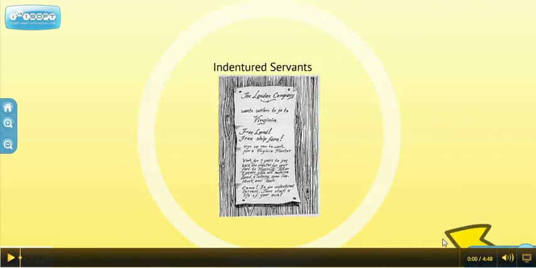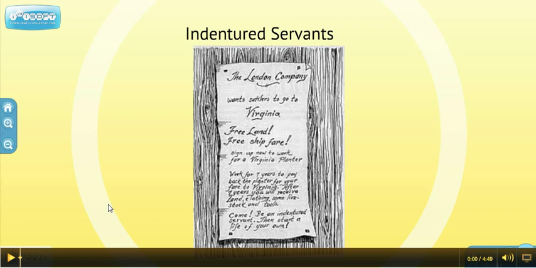The other group you've got to understand are these guys right here, indentured servants. Zoom in here. These were the people who worked on the plantations of the Tidewater aristocrats. You have to understand that slavery is not big in the United States yet. So where did these Tidewater aristocrats get their labor from? These guys, indentured servants.